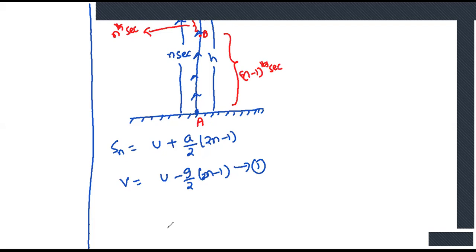Suppose Sn dash equals u minus g by 2, and instead of n, I'll substitute n minus 1.